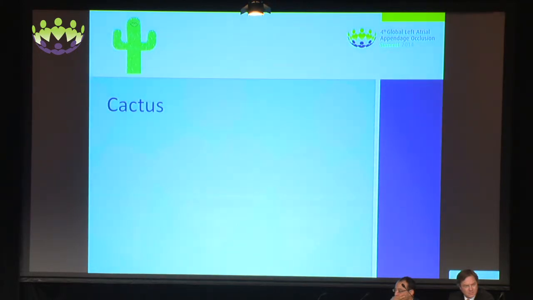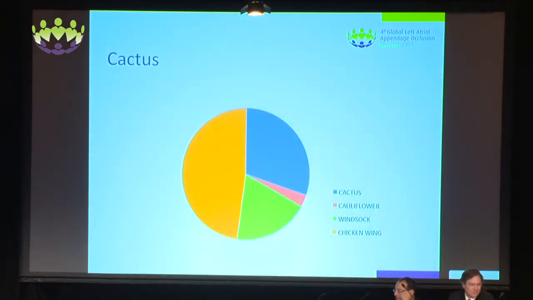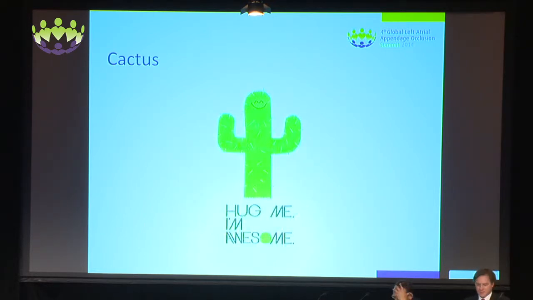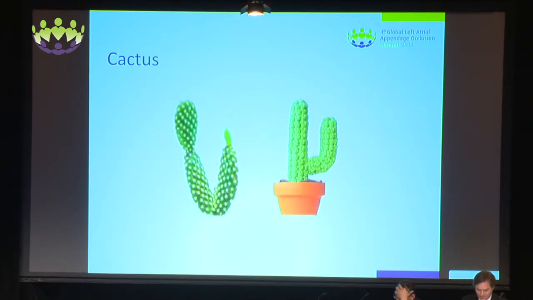To continue, I'm going to present a Cactus LAA occlusion. The Cactus morphology is frequent, and in most of the cases there are no problem. We can close a Cactus LAA with any device, but sometimes it can be difficult, especially if there's a bifurcation of the Cactus in the proximal part.